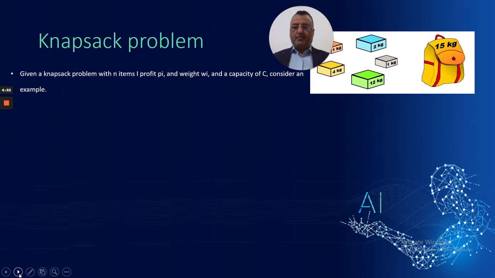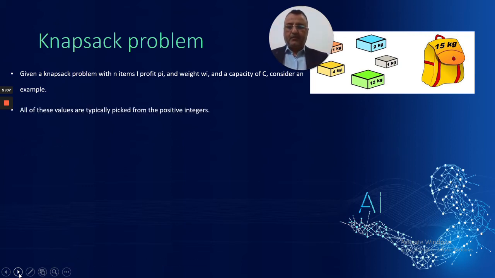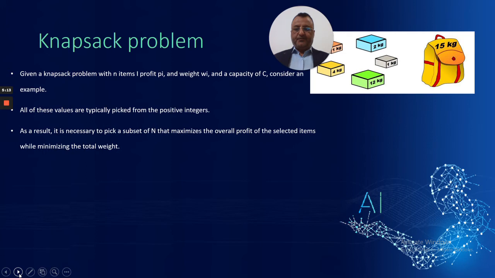Now, knapsack problem. Given a knapsack problem with items i, profit pi and weight wi, and capacity of C, we can consider an example. All of these values are typically picked from the positive integers.